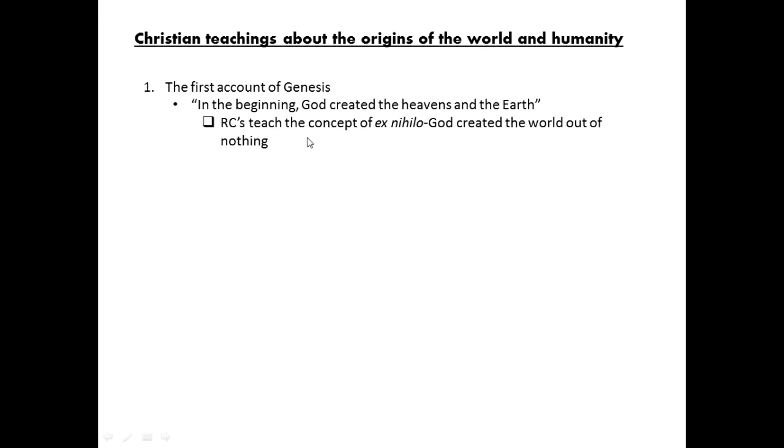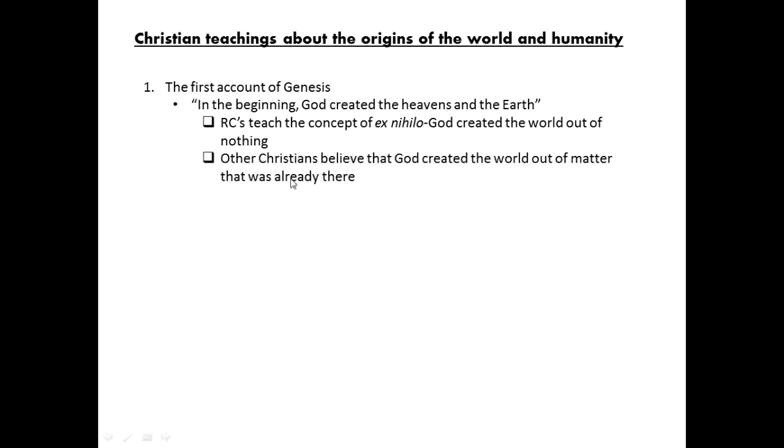Now, Roman Catholics teach the concept of, I believe this is pronounced ex nihilo, and this is the theory that God created the world out of nothing. And there's also another Christian view that suggests that God created the world out of matter that was actually already there. So this goes against the ex nihilo view, and this quite nicely ties in with the problem of evil that we were dealing with in the previous video with good and evil.